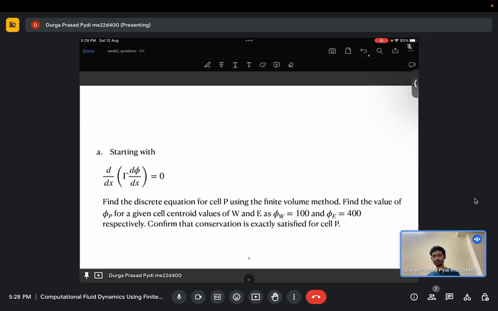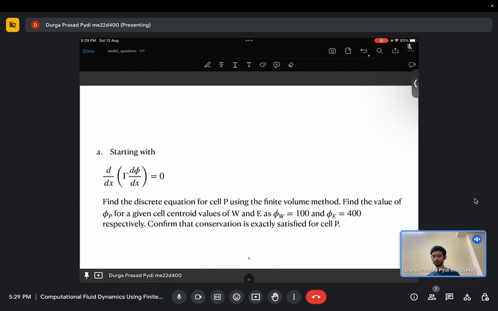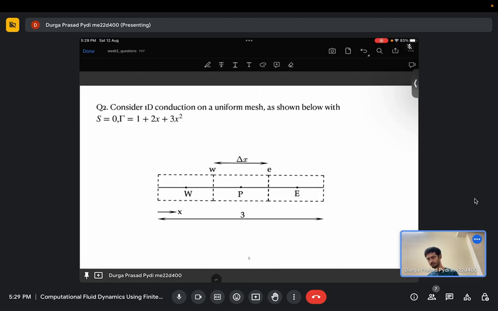We start with the governing equation, and the question asks you to find the value of phi at this particular point, provided you know the values at the other two ends. You know the value of west as 100, you know the value of east as 400, and delta x is essentially equal to 1.